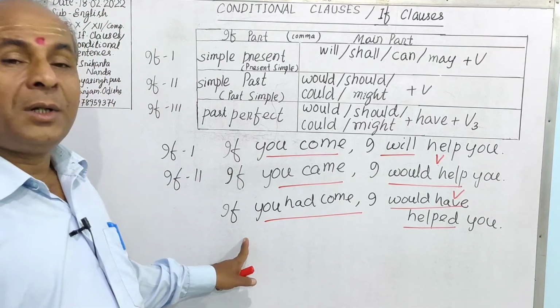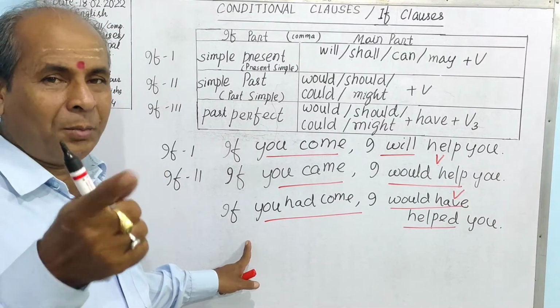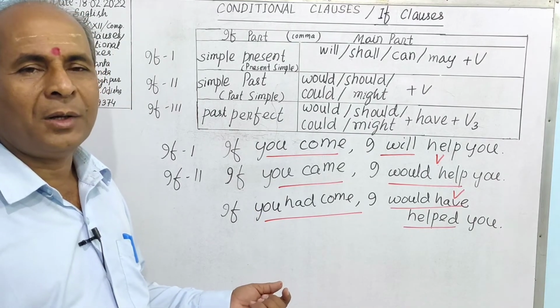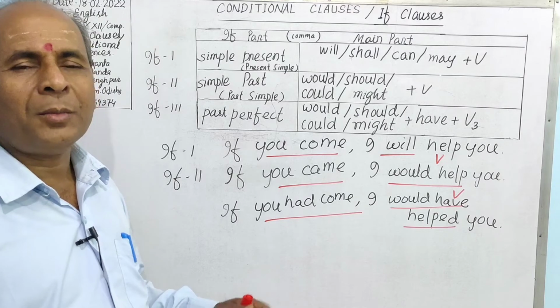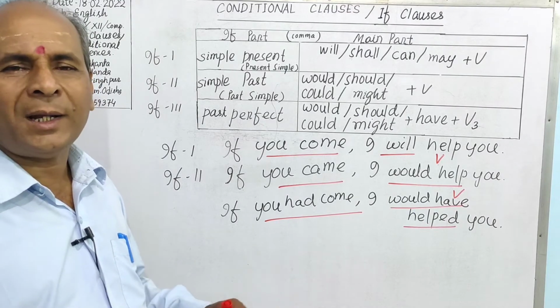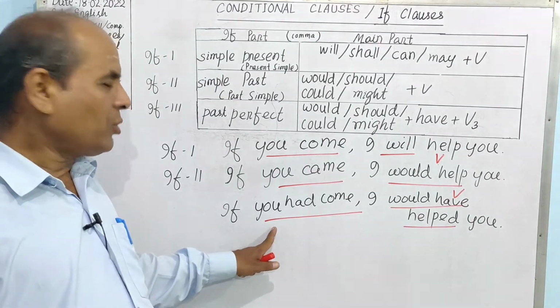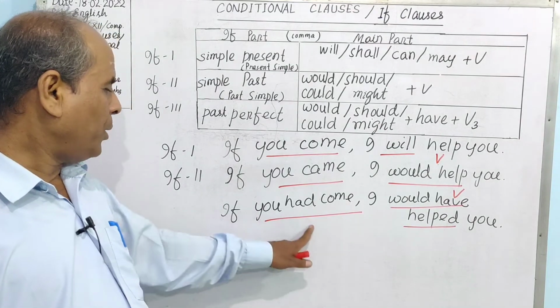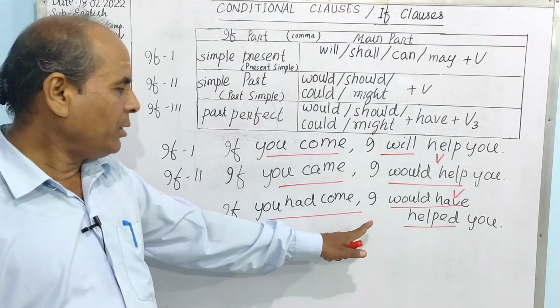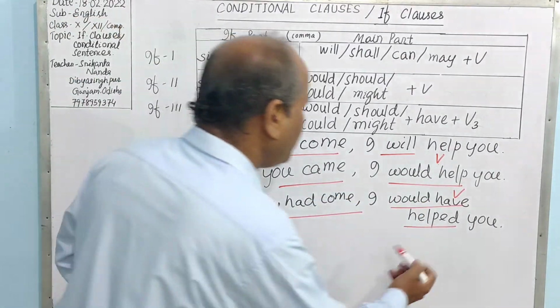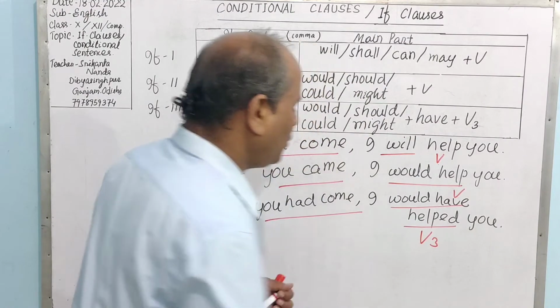So the teacher says, if you had come, I would have helped you. But this is unfulfilled. The student would not come, the exam would not be there again. So it is an unfulfilled chance. We can mark the structure of verb here: past perfect, you had come, and would have plus past participle. This is V3, helped. We can say this is past participle.